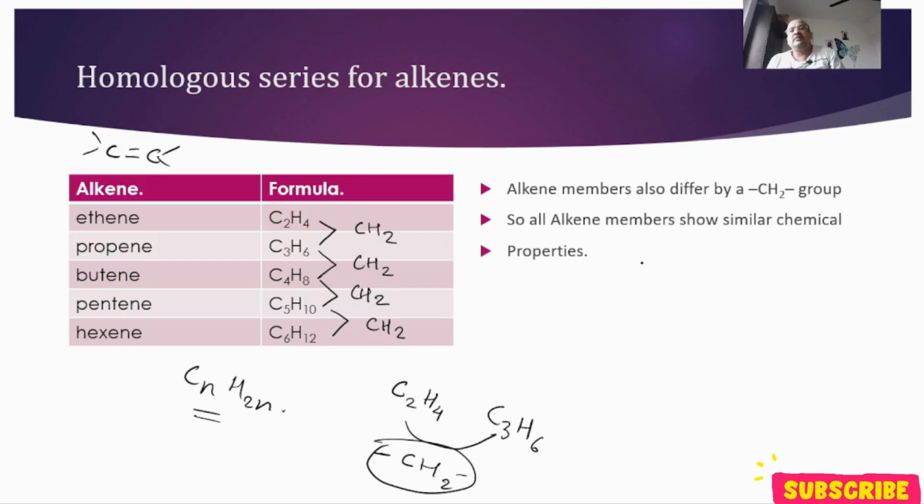All the alkene members will show similar chemical properties. But you will see that 14 atomic mass unit is the difference, right? Because of that, the physical properties are not the same. They change gradually for alkenes.